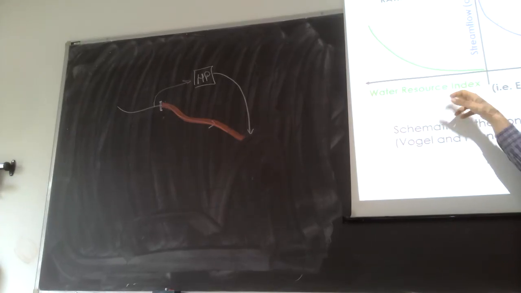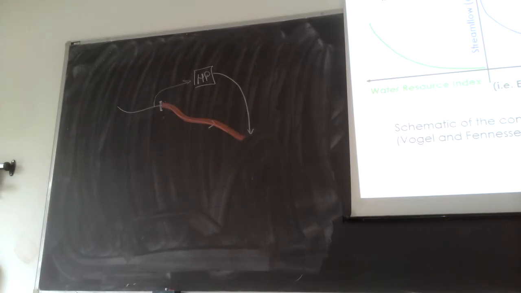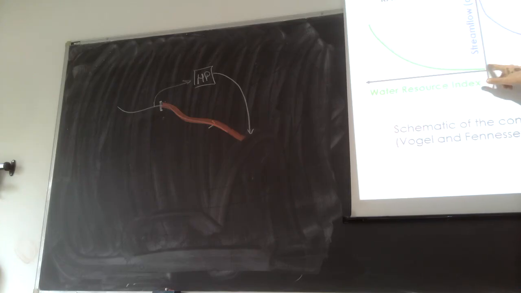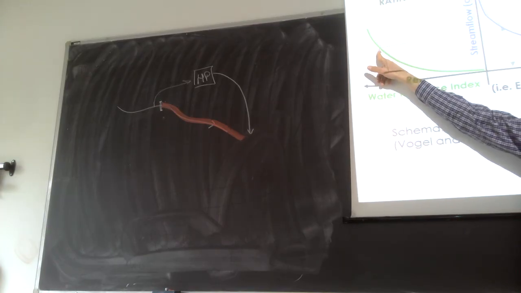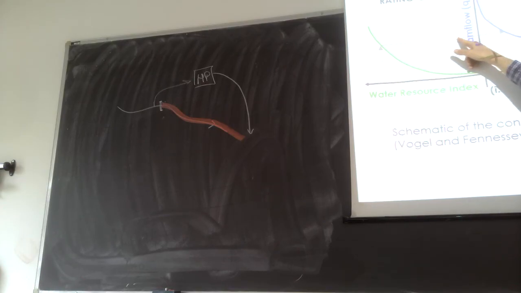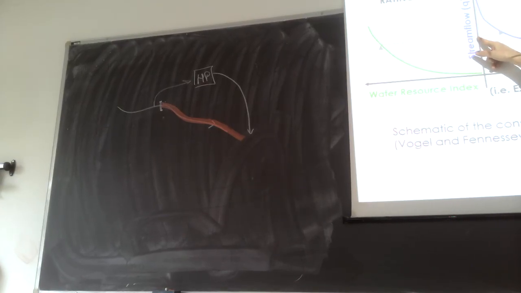So, combining the two diagrams, you can start with a given value of the water resource index, read the corresponding stream flow value, and through the flow duration curve, associate a duration to this value of the water resource index. Duration meaning percentage of time, but also meaning exceedance probability.